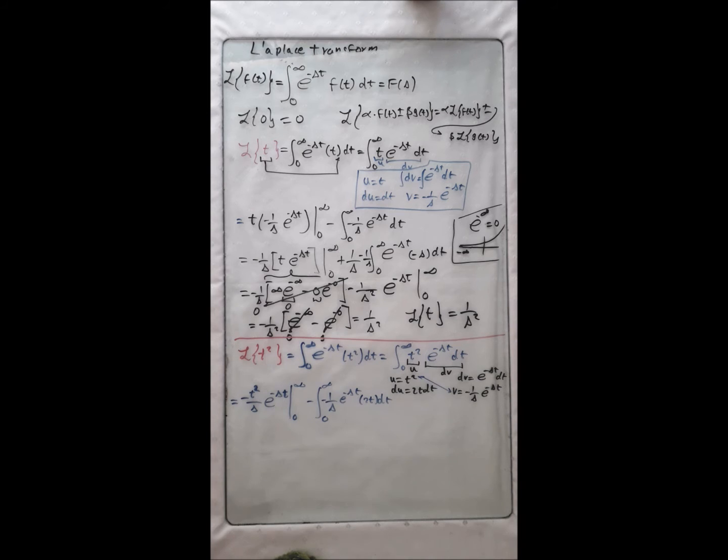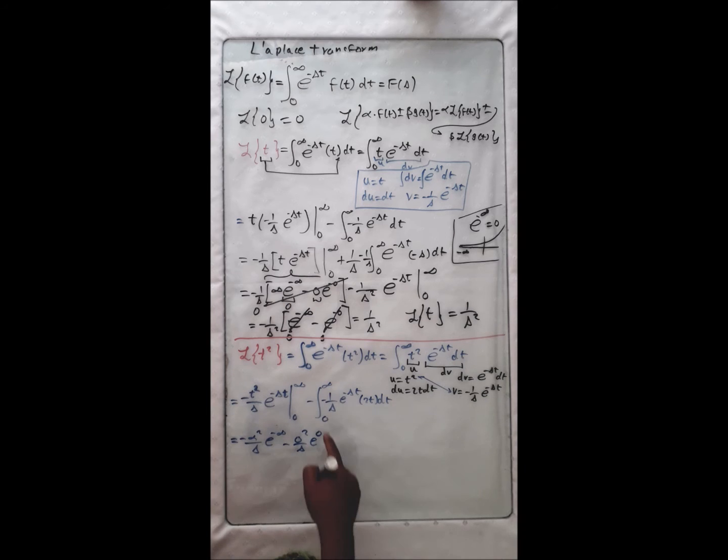Okay, so let's do the upper limit minus the lower limit. Equal to minus infinity squared over s, e to the minus infinity. So that is the upper limit minus the lower limit, 0 squared over s, e to the 0.